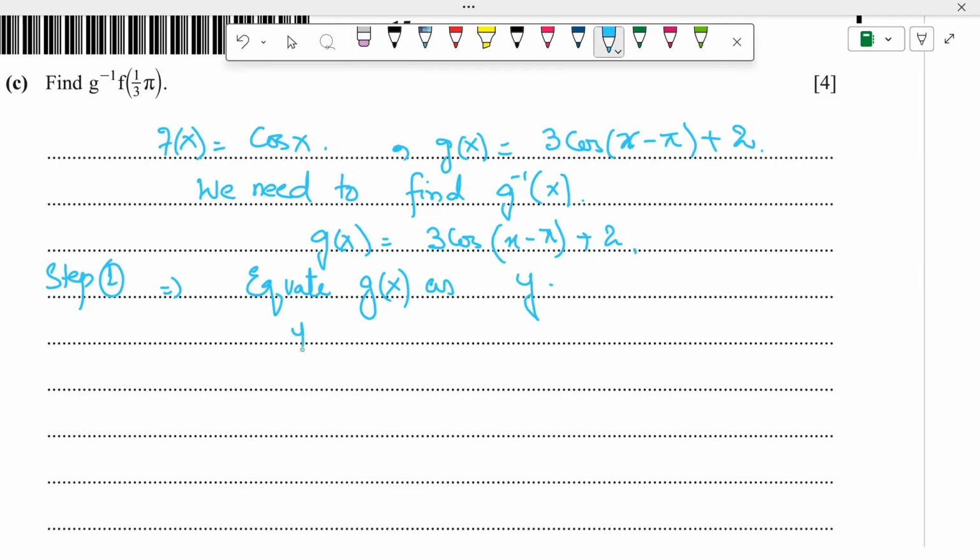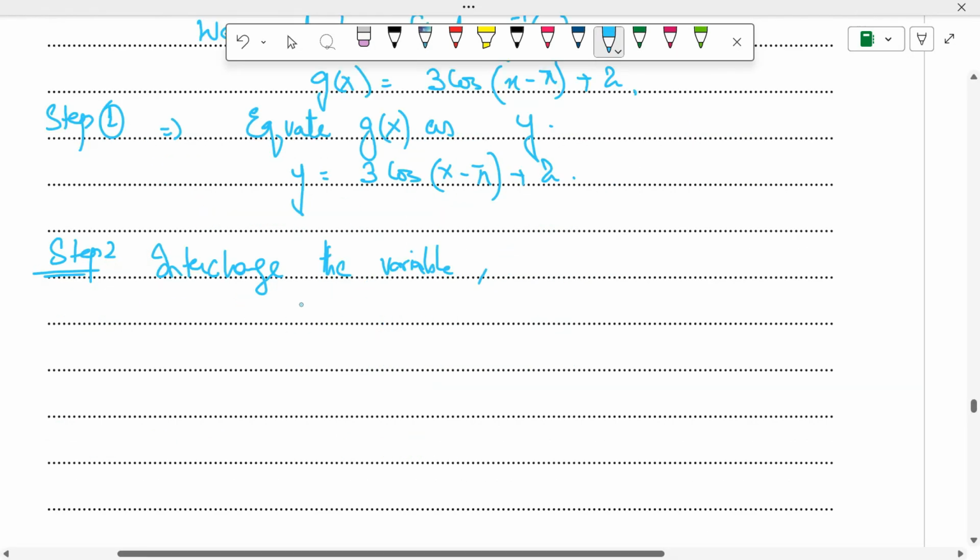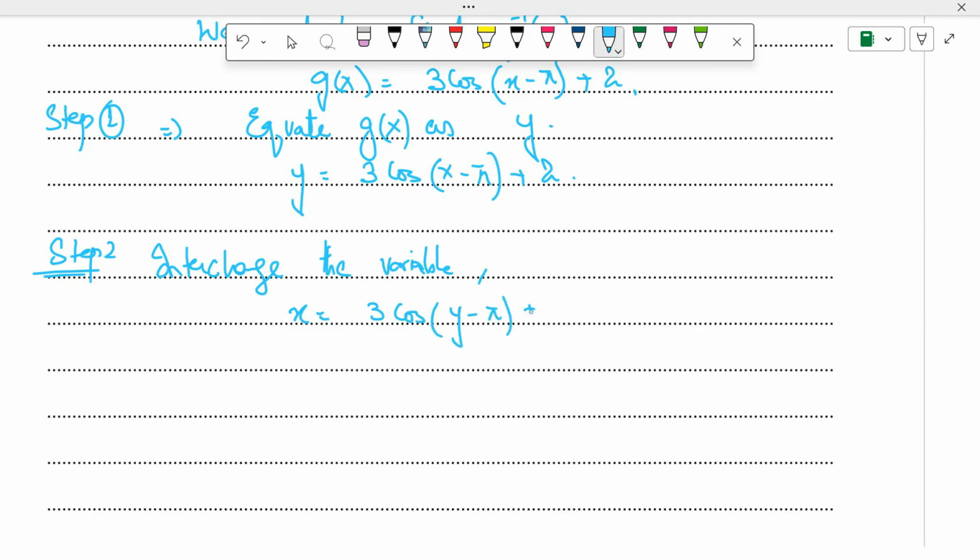So y is equal to 3 cos of x minus pi plus 2. Okay. Step 2, interchange the variables. X becomes y and y becomes x. So x is equal to 3 cos of y minus pi plus 2.